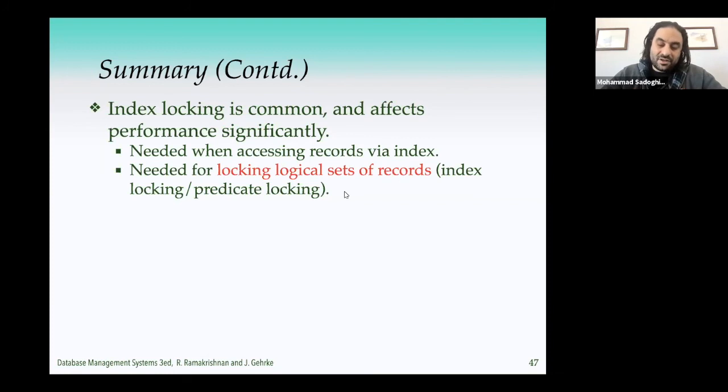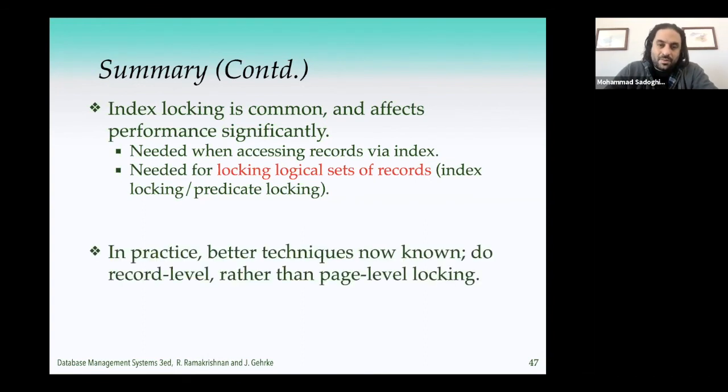Anything that's on the data structure is referred to as a latch. Anything that refers to the record itself or to the data at the record level, table level, or range level, they call it a lock. In other fields, the words lock and latch are used interchangeably. In the database, that distinction is made between the two terms.